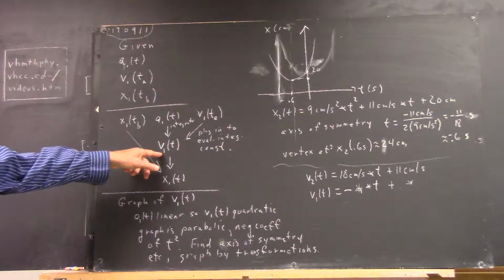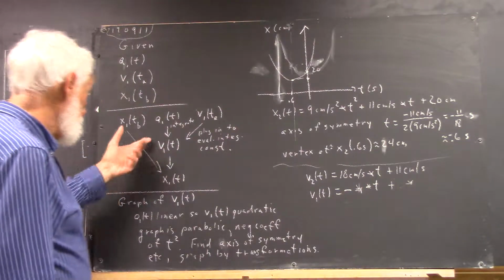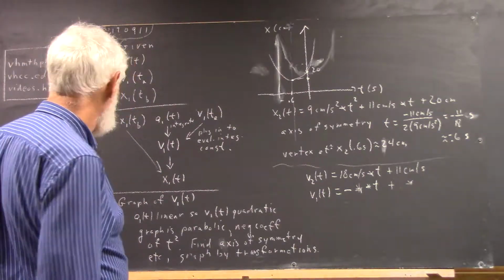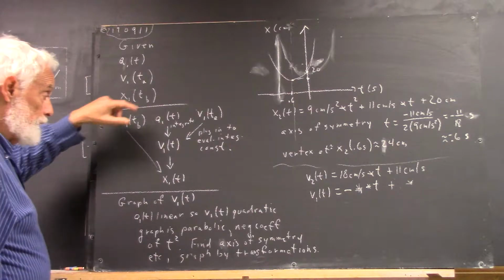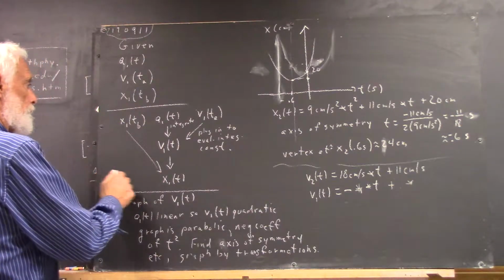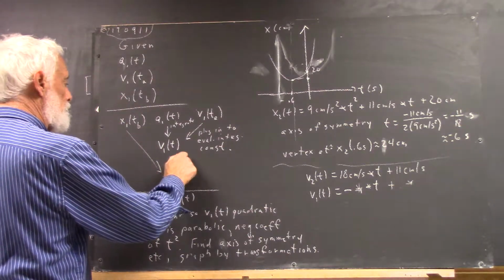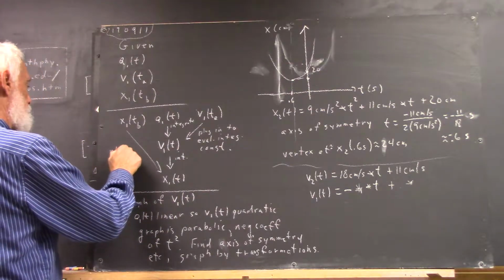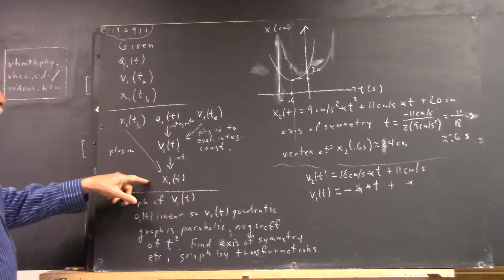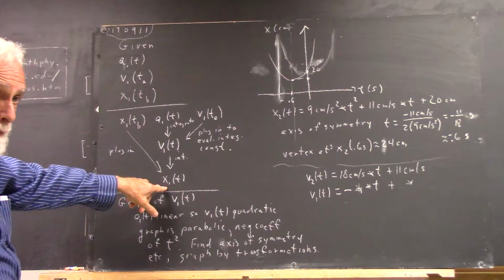So then we get our v1 of t function, and we can integrate it to get our x1 of t function and plug in x1 of t sub b to get our integration constant and get our function x1 of t.